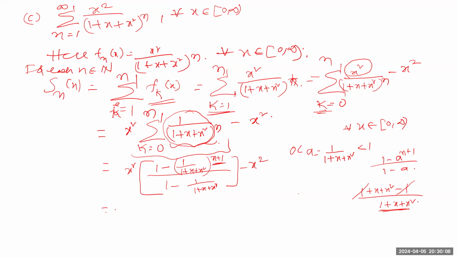When it is going up, that is x square times 1 plus x square minus 1 over 1 plus x square to the power of n plus 1. This will be cancelled. So we will get only n by the denominator x plus x square, right?